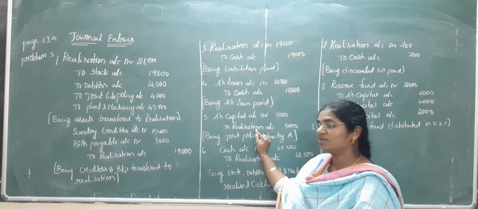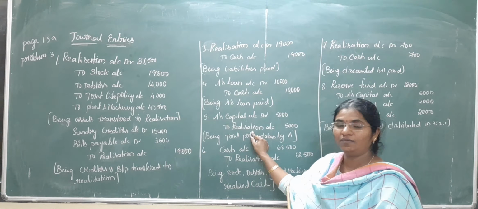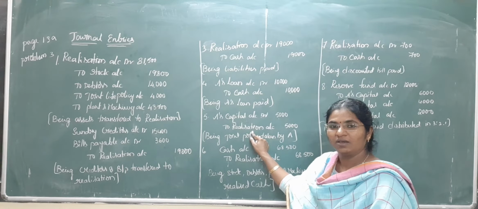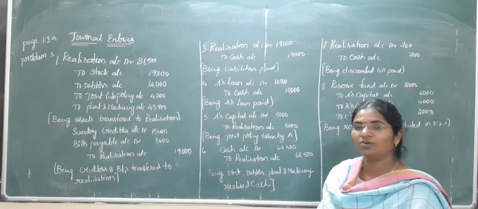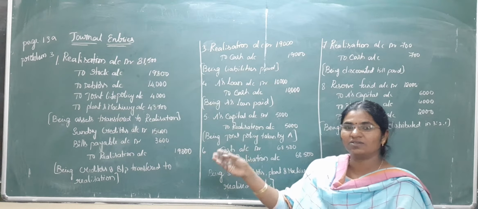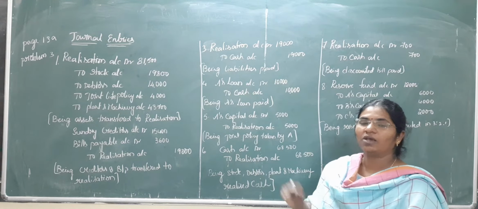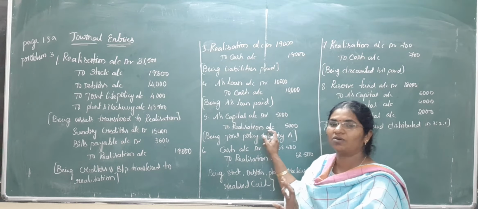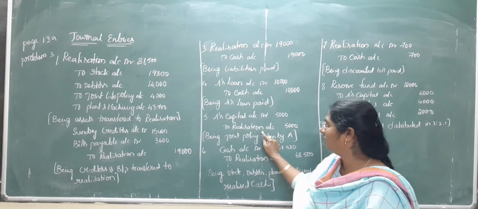Shall we write joint life policy here? We are not supposed to. The reason behind it is we transfer all the assets to realization. So whatever transactions we do, we do according to the realization account only, but not with any other. That's why we have written it.